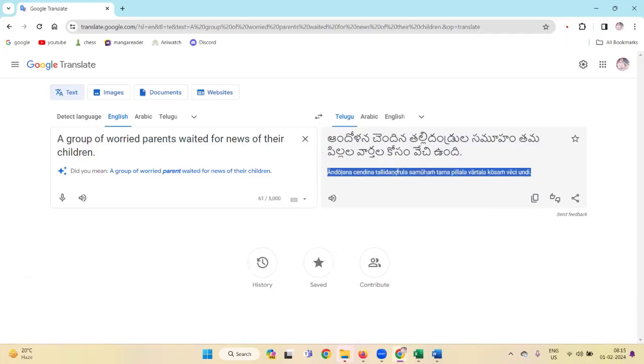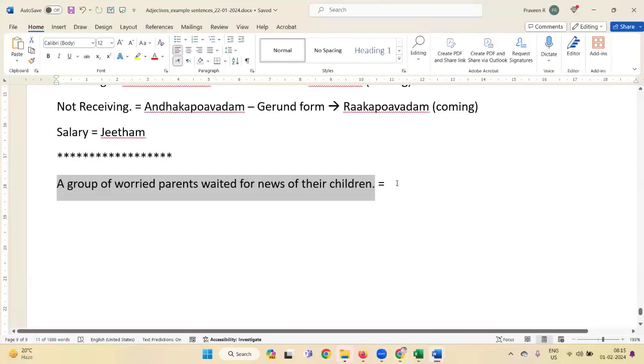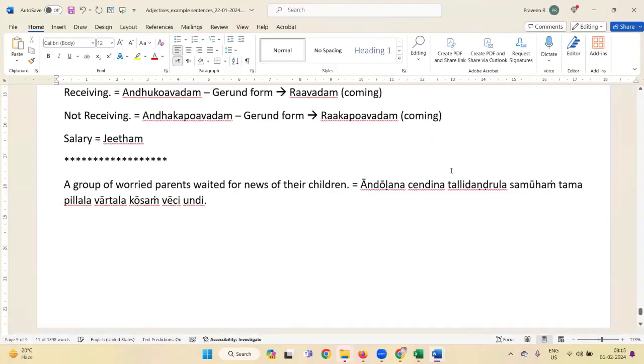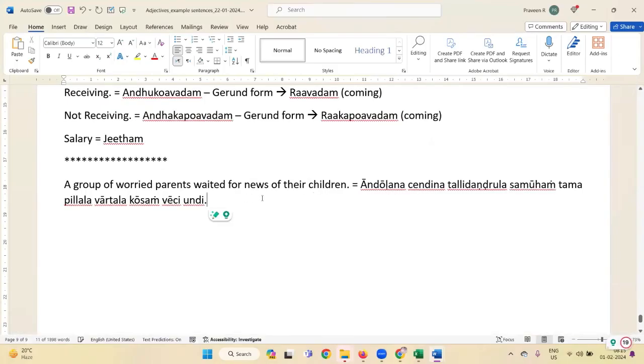We'll make this one also a very simple sentence, because this is like bookish language, like newspaper language. A group of worried parents. We'll make it very simple అండి. ఆందోళన చెందిన తల్లిదండ్రుల సమూహం తమ పిల్లల వార్త కోసం. వార్త is enough, even if it is news. వార్త కోసం వేచి ఉంది.